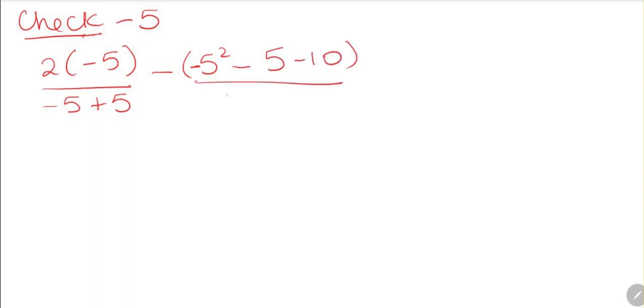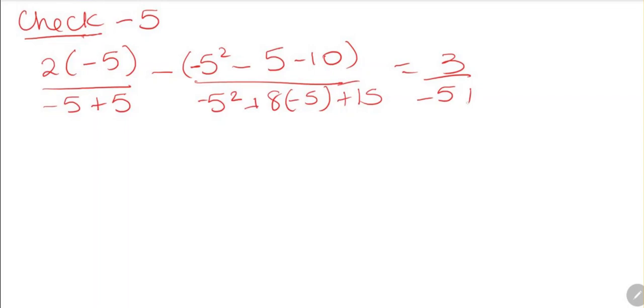And this is over minus 5 squared plus 8 times minus 5 plus 15 is equal to 3 over minus 5 plus 3.